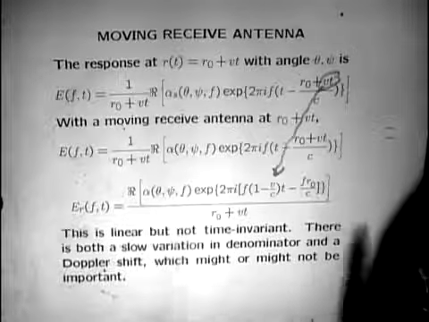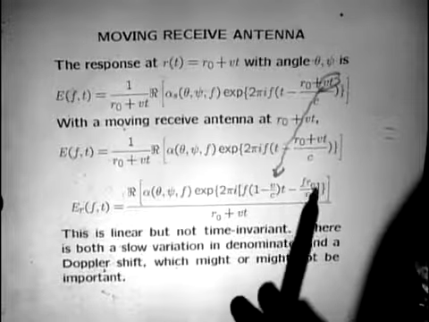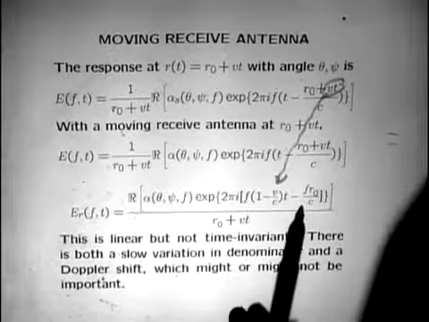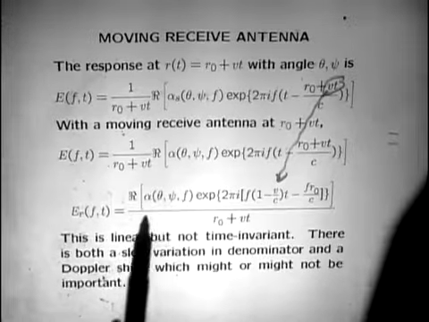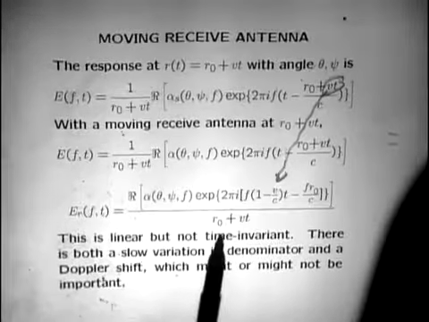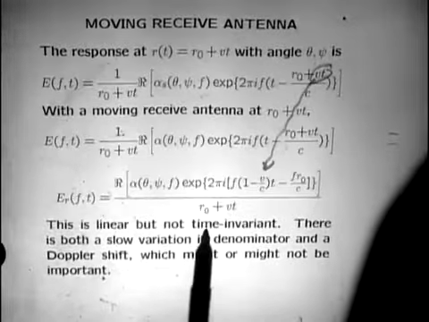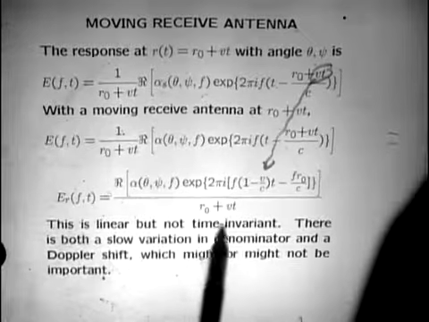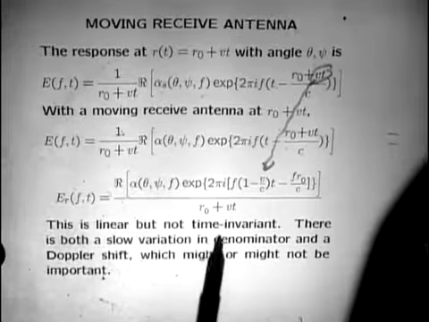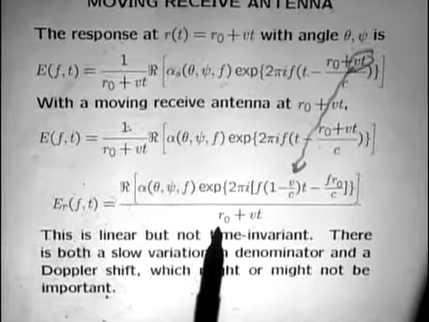And all these other terms are just junk, of course. This f times r0 over c, all that is just a fixed phase difference. So we don't care about that. This is just some fixed term. This quantity here is changing with t also. But if we're thinking of a distance away of several kilometers, and we're thinking of the amount of time for this to become an appreciable fraction of 1, that's a pretty long time.